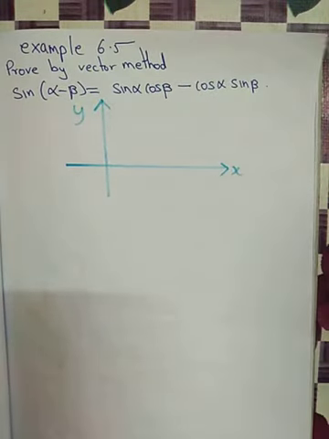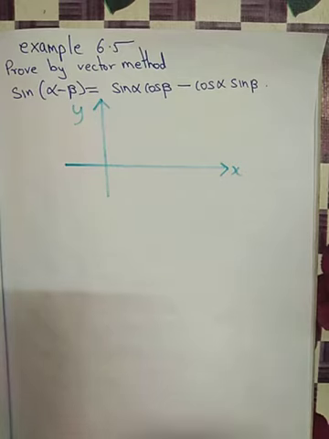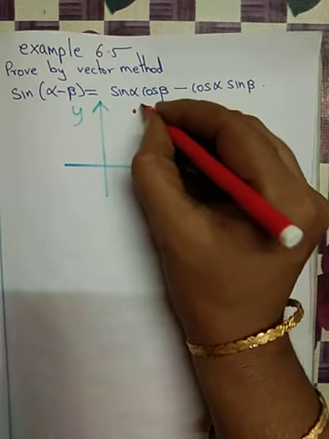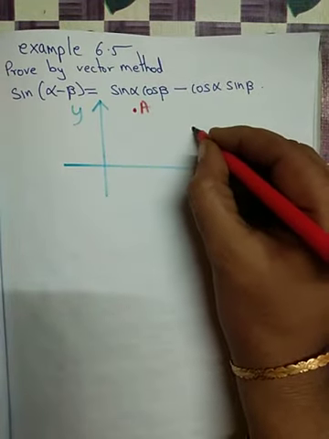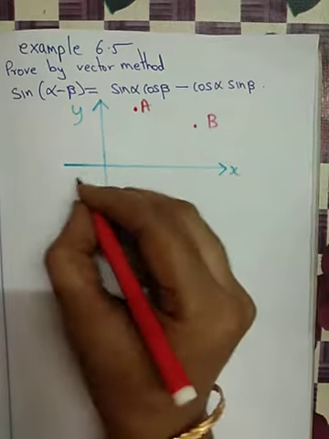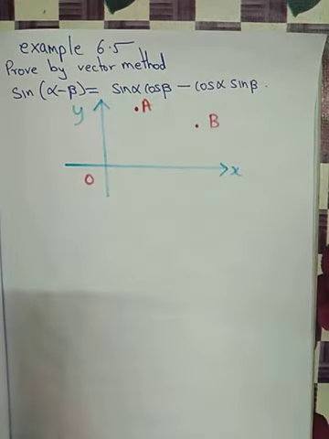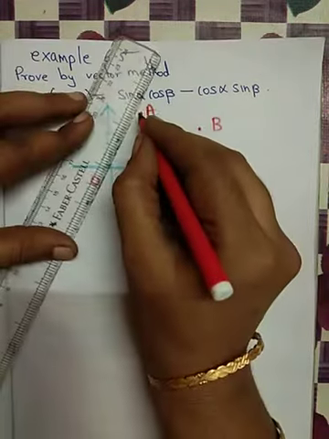Now let me mark 2 points. The 2 points, let me name it as A and B. So let me mark the A here and B somewhere this side. This is our origin. So let me join OA.